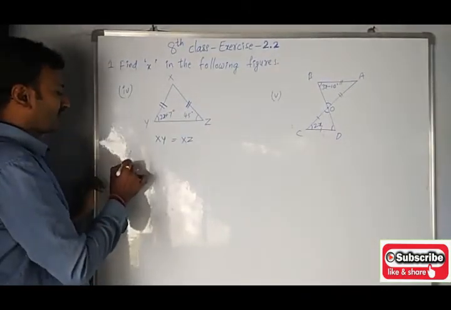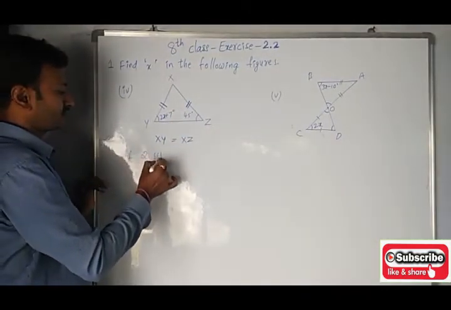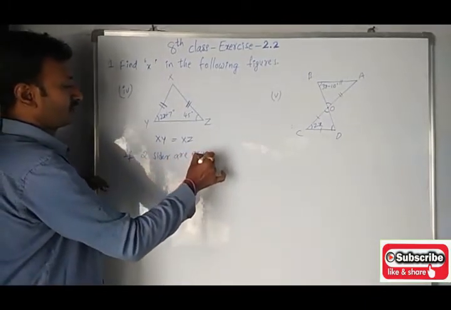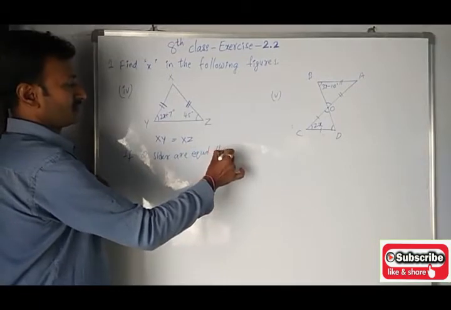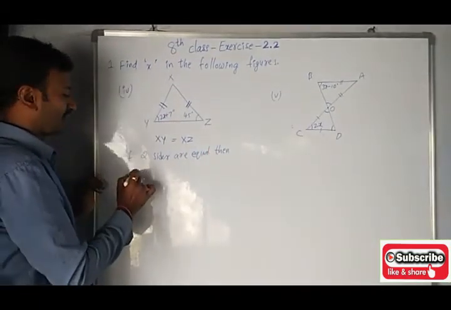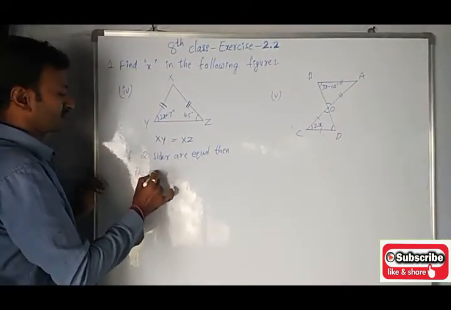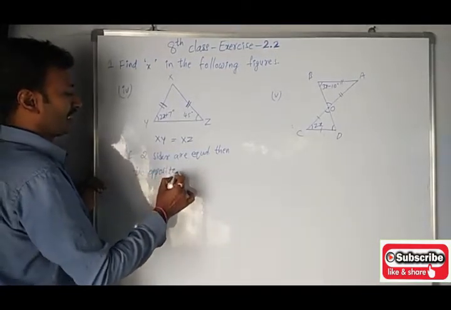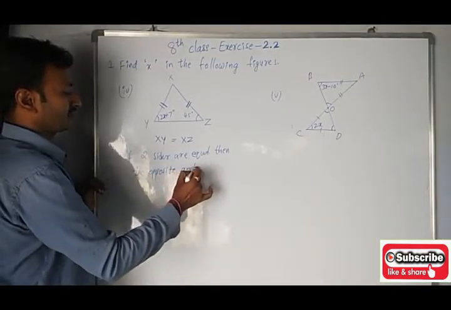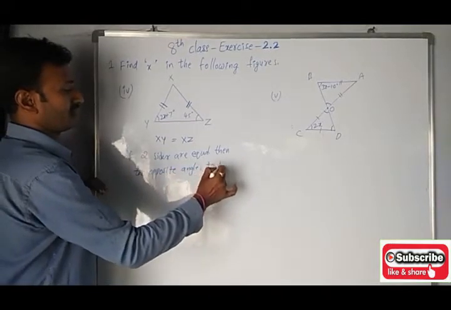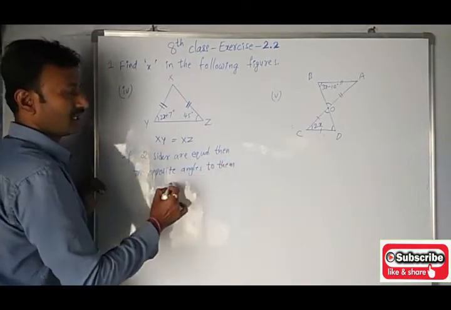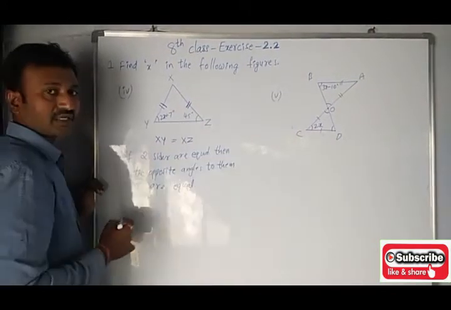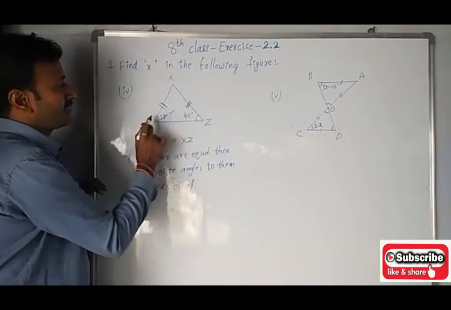So if two sides are equal, then the opposite angles to them are also equal.